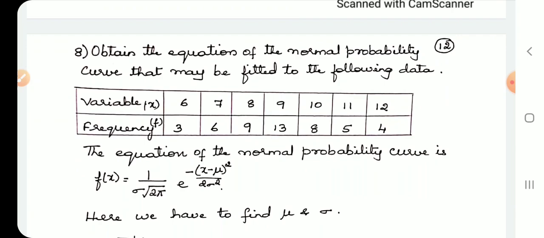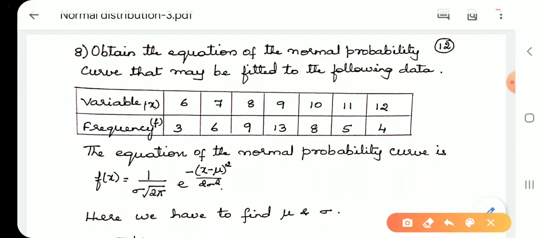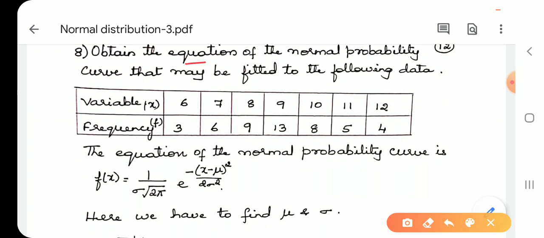So let us see one more different kind of problem. In this problem, we have to obtain an equation for the normal probability curve that may be fitted to the following table. For our convenience, I have written this variable as x and frequency I have represented as small letter f.